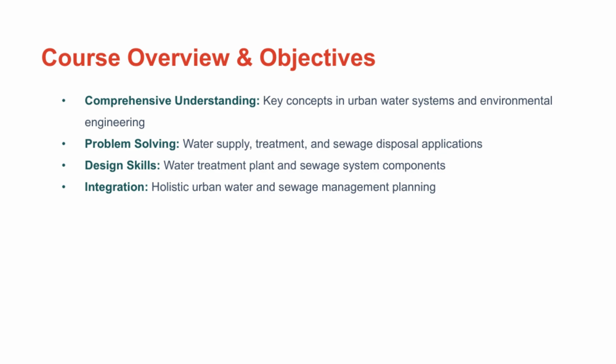He could be solving certain problems in the water supply aspect, treatment aspect, and sewage disposal applications. And at last, he would be able to design the water treatment plant and sewerage system components. So, holistically, he will be understanding the urban water and sewage management planning basically.